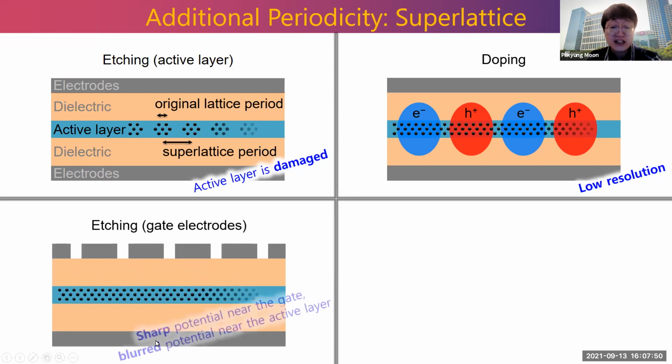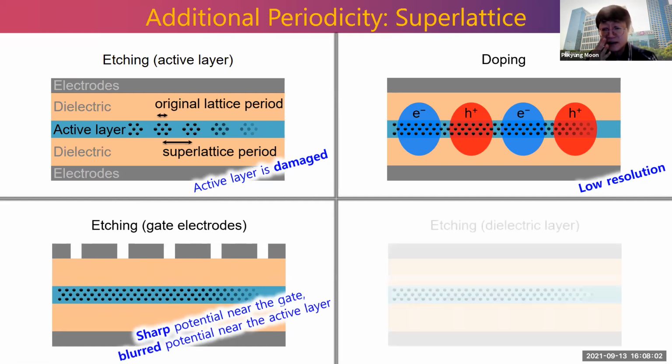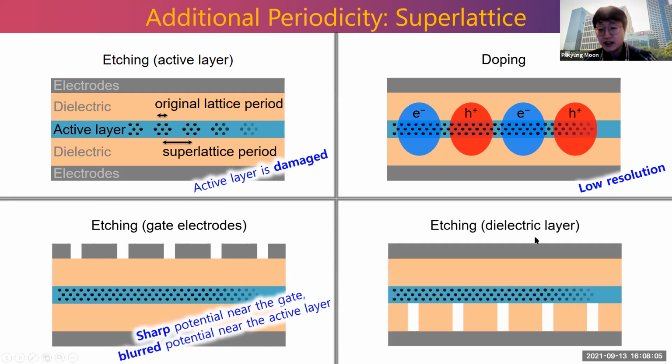The drawback is, although the potential near the gate is very sharp, it is blurred and degraded as it passes through the dielectric layer. Recently, one of my collaborators developed a method to etch the underlying dielectric layer. By doing this, we can apply a very sharp and strong potential to the active layer.